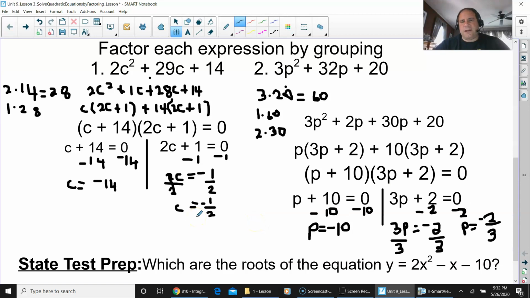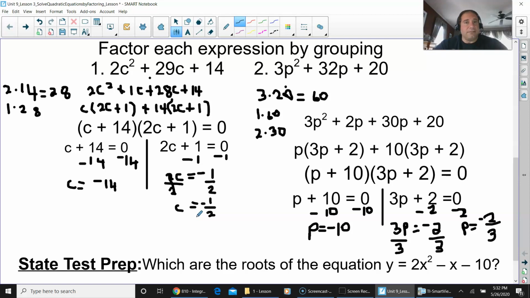And there it is. I subtract 10 on both sides. I have p equals negative 10. That is one root. And then the other root is 3p plus 2 equals 0. You subtract 2 on both sides, you divide by 3, and you get p equals negative 2 over 3. That's what we're going to be doing this lesson.